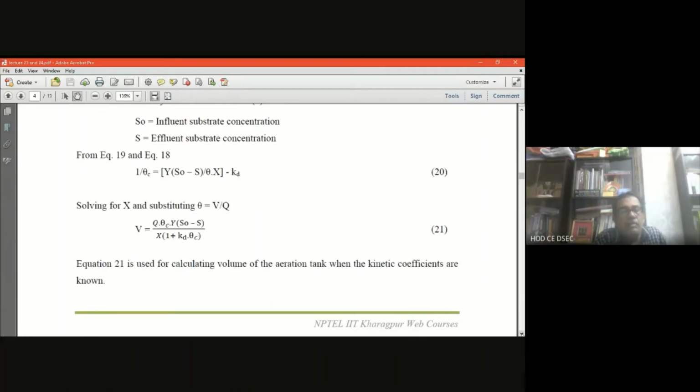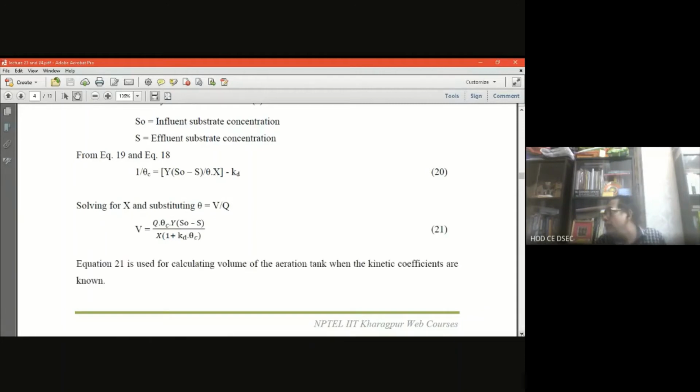Fine. Now this equation, which I am showing as equation number 21, is used for calculating the volume of the aeration tank when the kinetic coefficients are known. Basically, the practical purpose I am telling you is that in practical experience these kinetic coefficients are determined in the lab, and knowing the kinetic coefficients, we can calculate the volume of the tank.